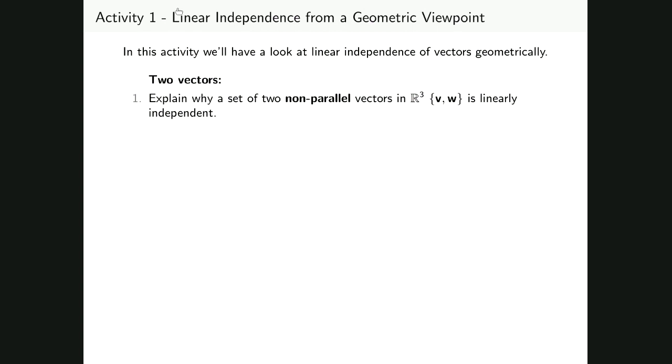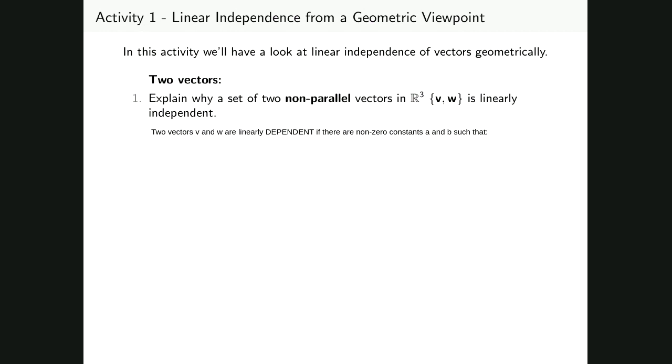Okay, so to get started on this, I just want to recall the definition of being linearly dependent. Linearly dependent means that there's some kind of dependency among v and w.